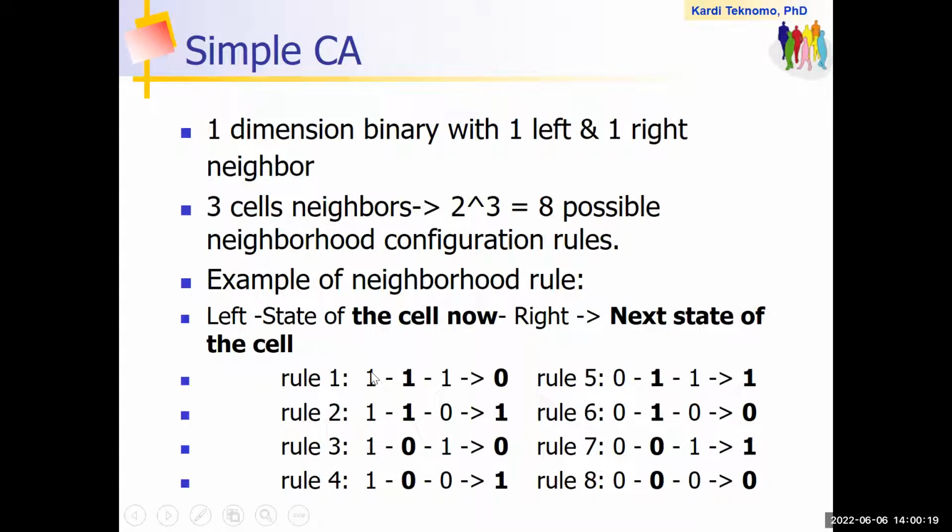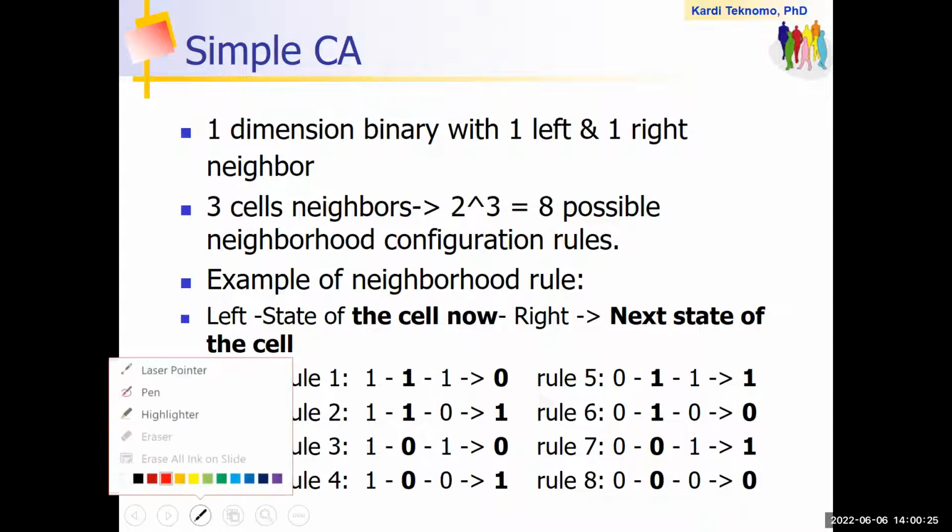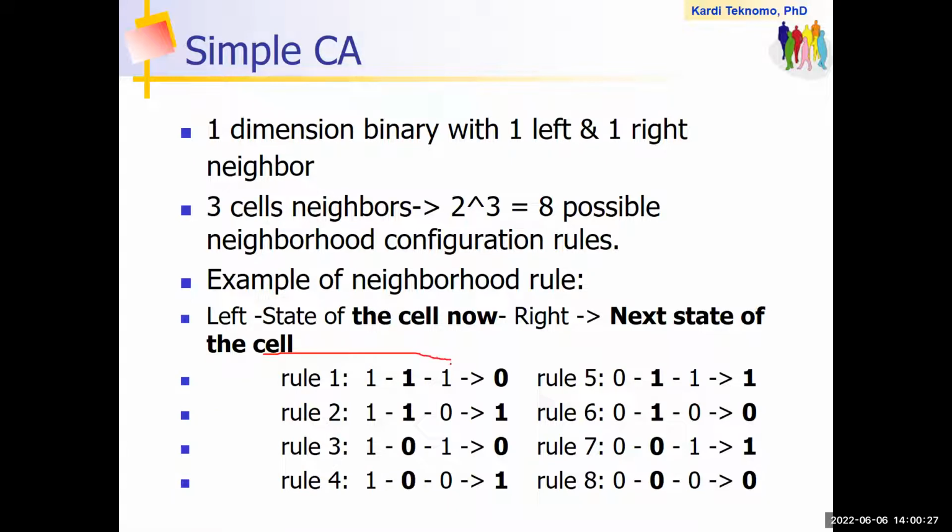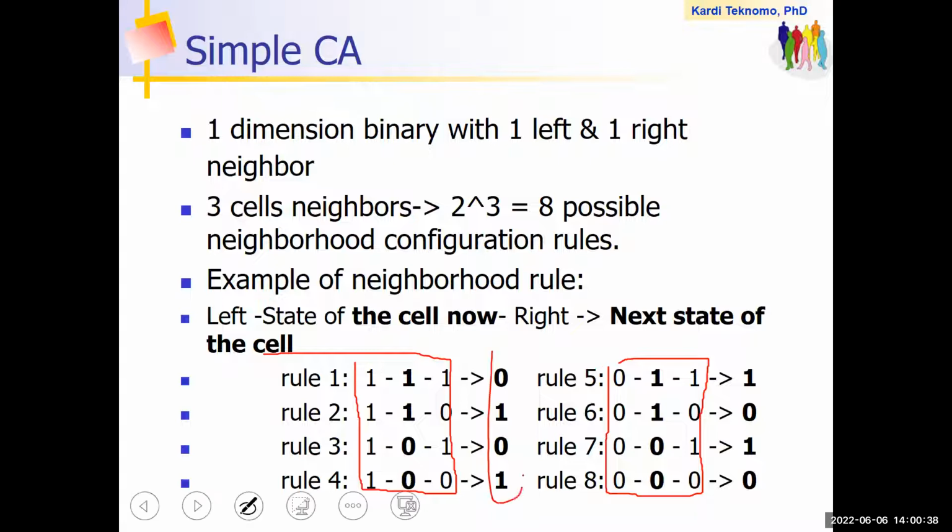You see here in the lookup table we have only 8 possible values, right? On the left hand side, and then this one. This is the left hand side, and this is the right hand side. So from the left hand side it changes to become the right hand side.